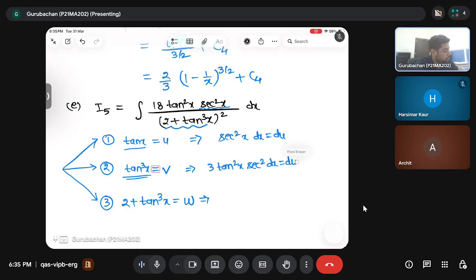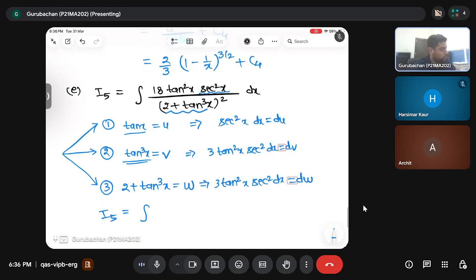While in the last one, this will not make any difference. This will be the same. This is equal to dw. So obviously we will try to go with the last one, and I will give you a glimpse of why we drop the first one. If you take 3 common, then you are left with 6 in the numerator, and in the denominator you are left with w.